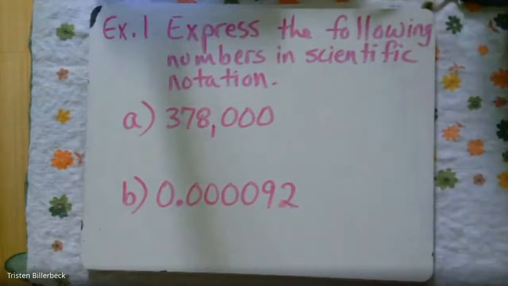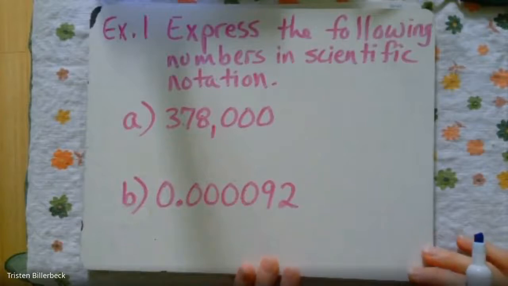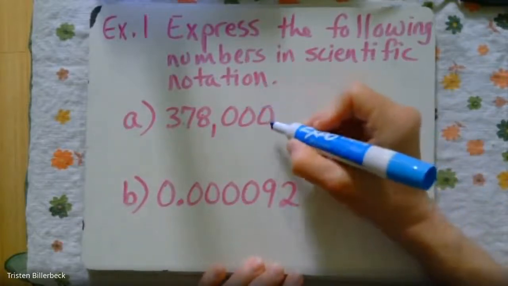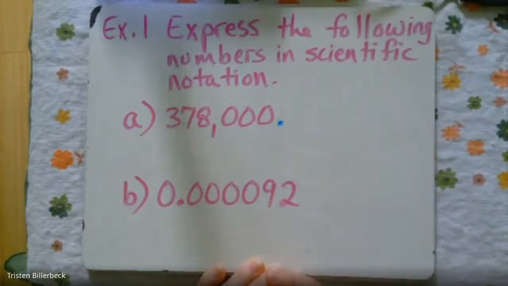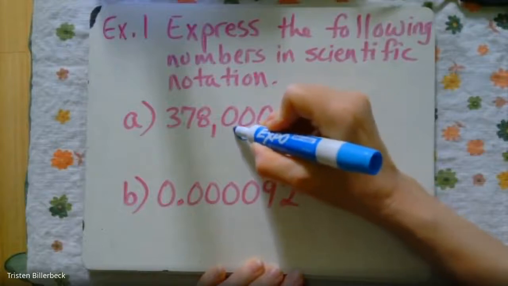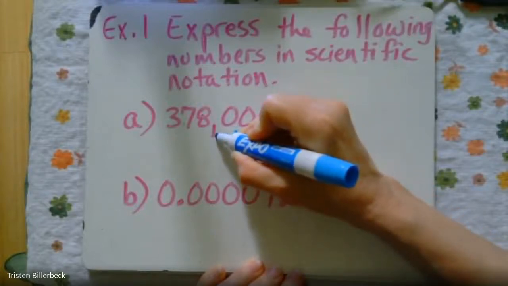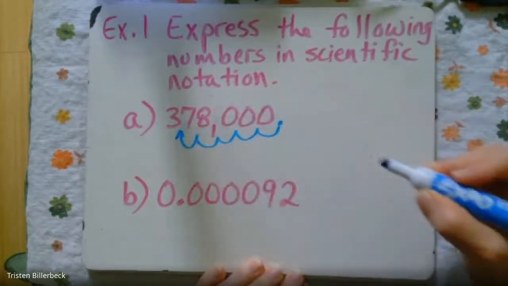So let's express the following numbers in scientific notation. If we have 378,000, we want to move this into scientific notation. If we put a decimal here, we count, we're moving 1, 2, 3, 4, 5 places.